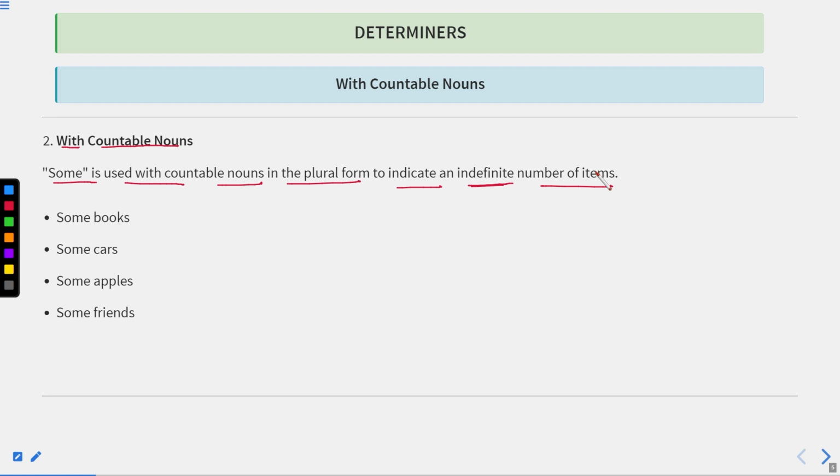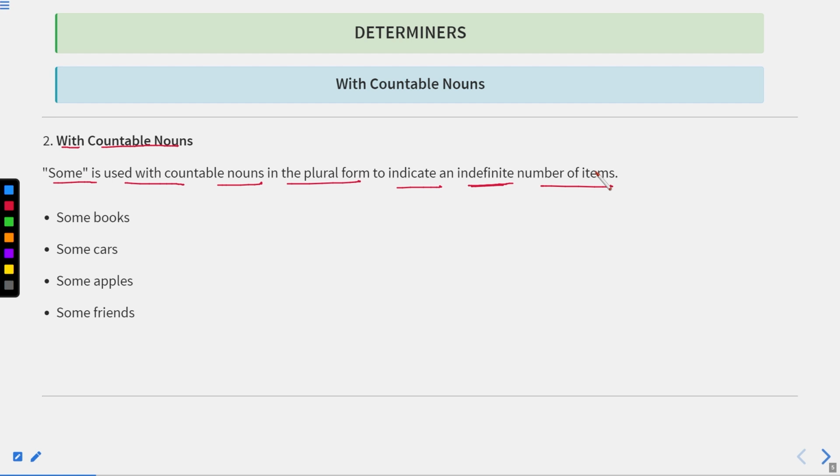The definite part can be further classified into two parts, that is, ordinal numbers and cardinal numbers. Cardinal numbers are 1, 2, 3, 4 and so on, and ordinal refers to first, second, third, fourth and so on.